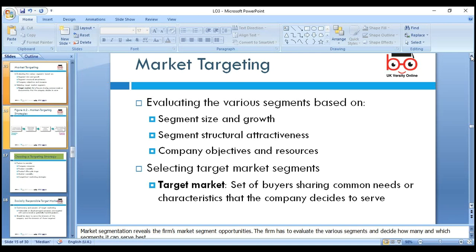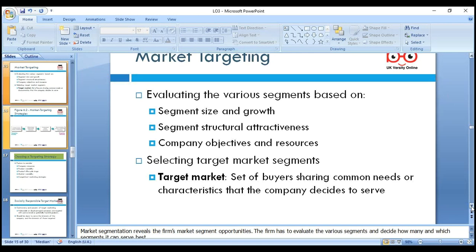Then company objectives and resources, selecting the target market segment. A target market is set up by sharing common needs, characteristics or ways they behave, and the company decides to serve them. So we can segment our market and target them accordingly.